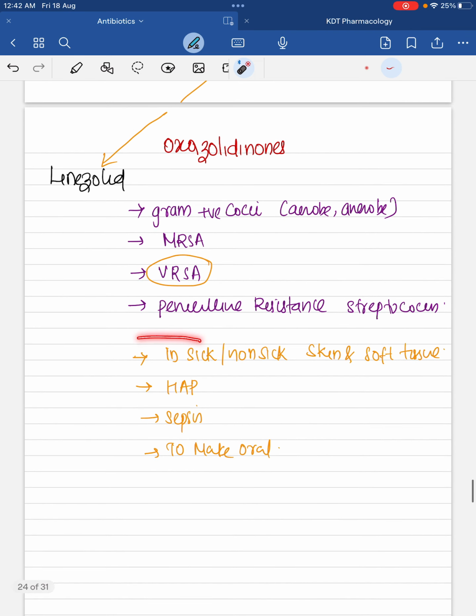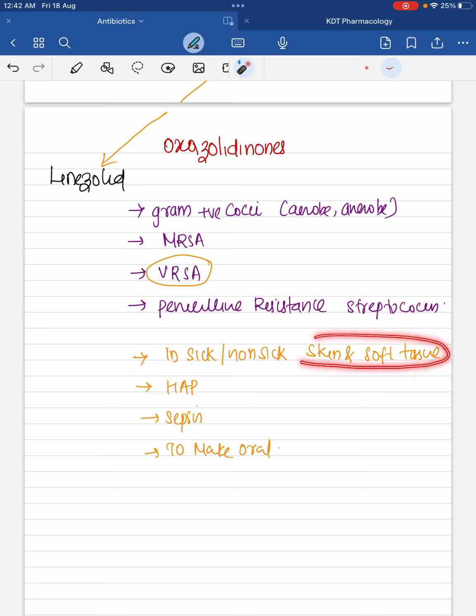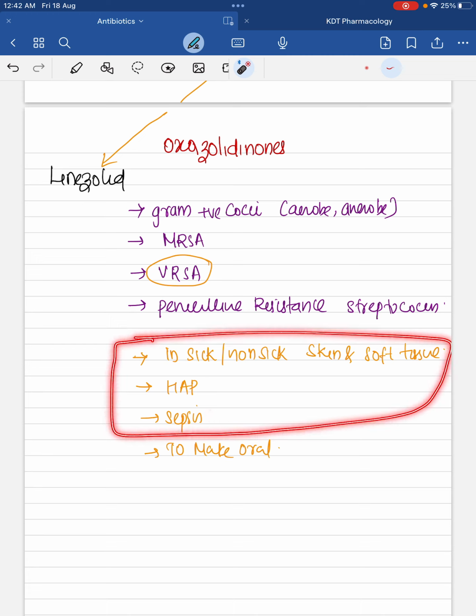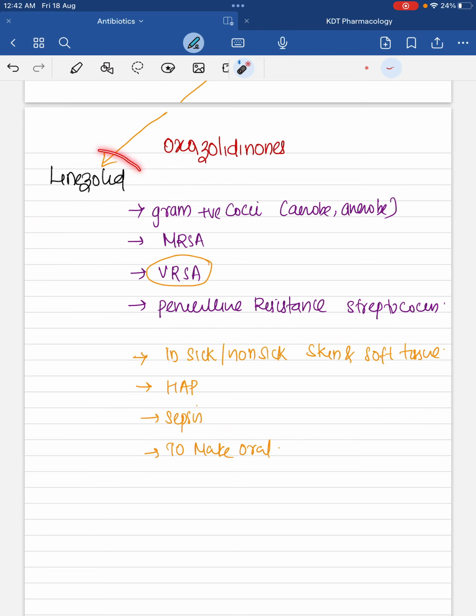They are usually used in sick or non-sick skin and soft tissue infections, and other hospital acquired pneumonia, sepsis. But all these are used in a very restricted manner, because linezolid is a drug of TB, used in multi-drug resistant TB. So we should not misuse linezolid unnecessarily, because it's a drug reserved for TB management.